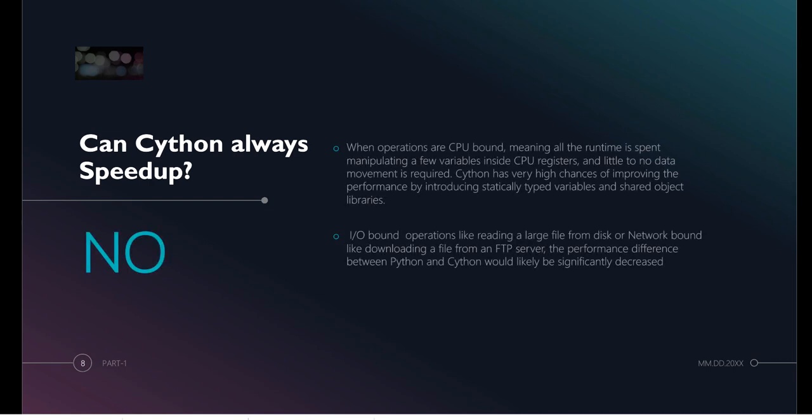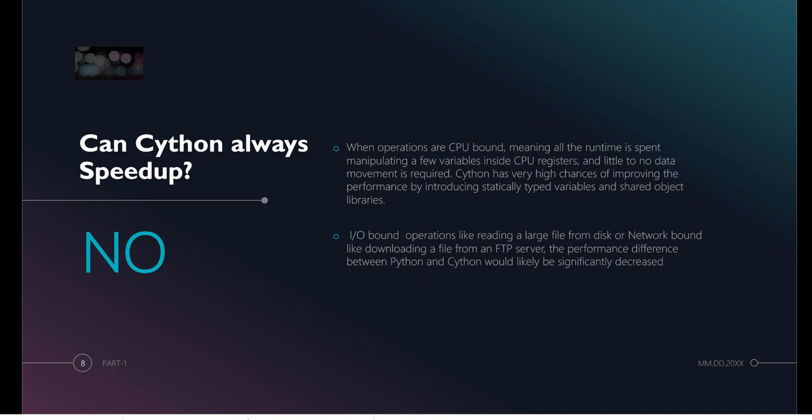But can introducing Cython into our Python code always help us? The answer is no. When operations are CPU bound, meaning all the runtime is spent manipulating a few values inside CPU registers and little to no data movement is required, Cython has very high chances of improving the performance by introducing statically typed variables and shared object libraries.